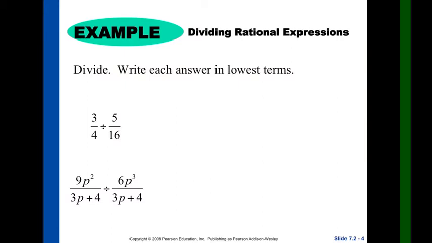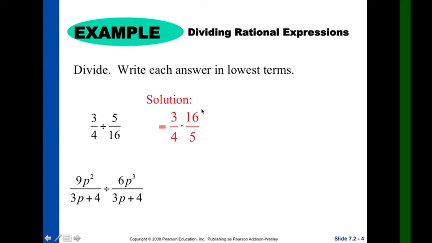Let's have an example. Dividing rational expression. Divide. Write each answer in lowest term. So for the first part, I prepared rational numbers, 3/4 divided by 5/16. So how to do this one? First, get the reciprocal of 5/16, and that is 16/5.